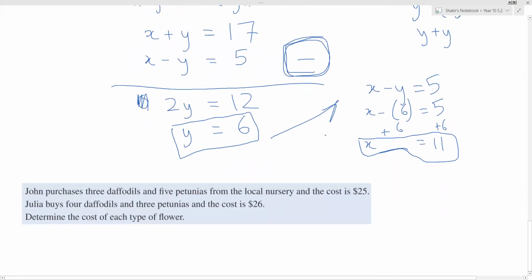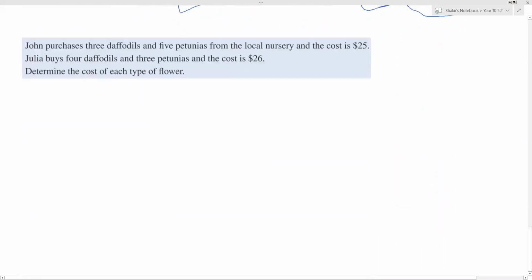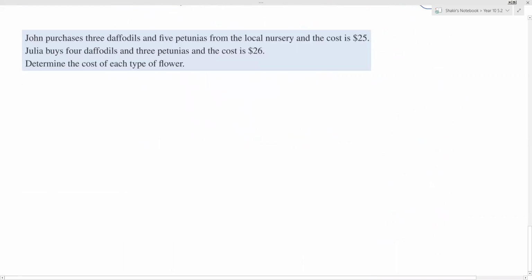Everything worked out. Let's have a look at the last question for today, which is: John purchases 3 daffodils and 5 petunias from the local nursery, and the cost is $25. Julia buys 4 daffodils and 3 petunias, and the cost is $26. Determine the cost of each type of flower.